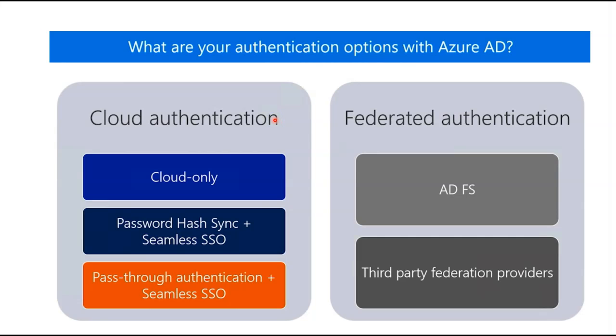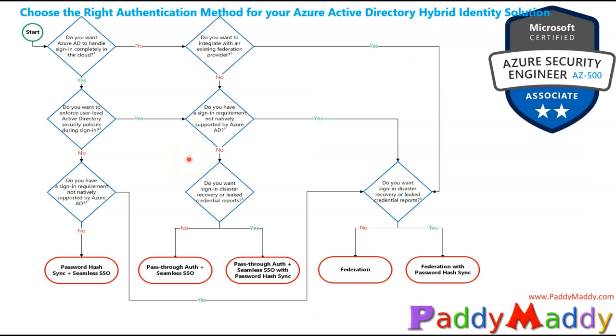So let's take a flowchart and try to understand the decision tree, which will make it easier for you to choose the right authentication method for your organization. You can use it to determine the best method by answering a few simple questions. So let's explore this by splitting up the decision tree.